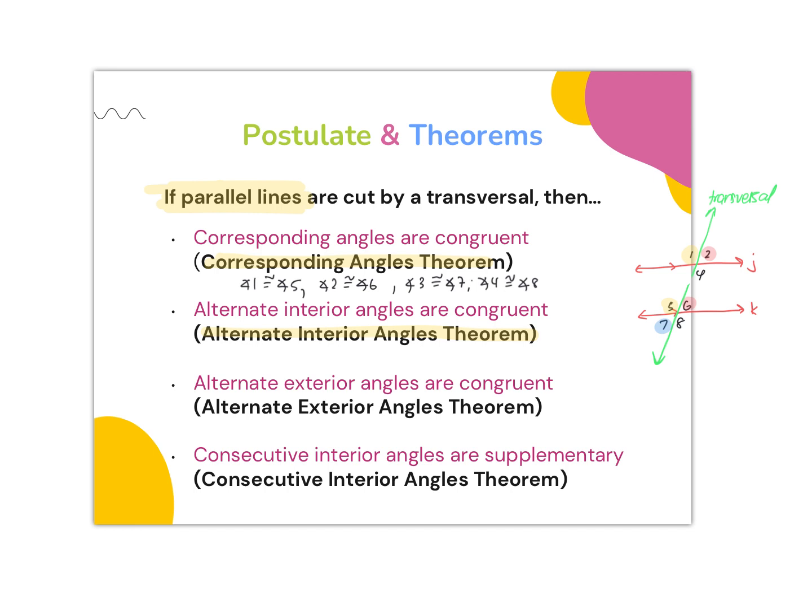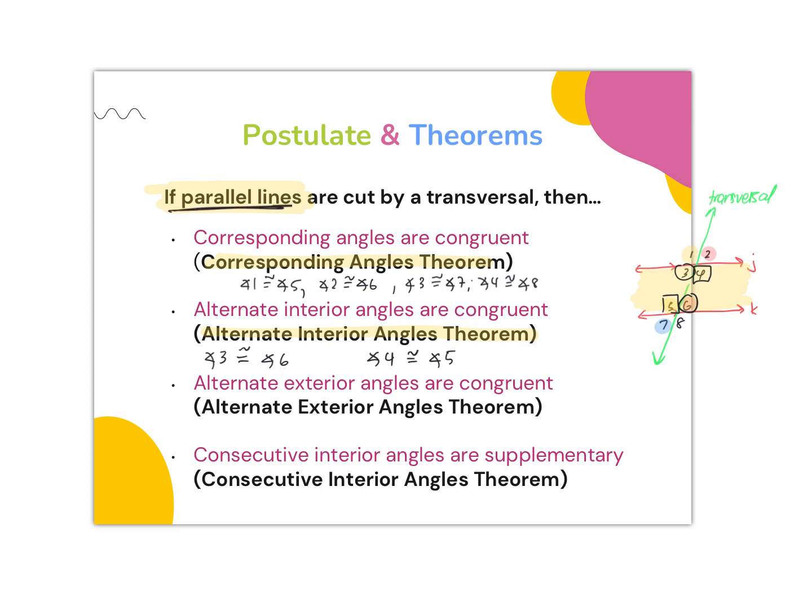Interior means the angles on the inside, in between the 2 original lines, so in between lines J and K. So our interior angles are 3, 4, 5, and 6. But our alternate interior angles are angle 3 and angle 6, and angle 4 and angle 5. Those are our pairs, 3 and 6, and 4 and 5. And what this theorem is saying is that those angles are congruent.